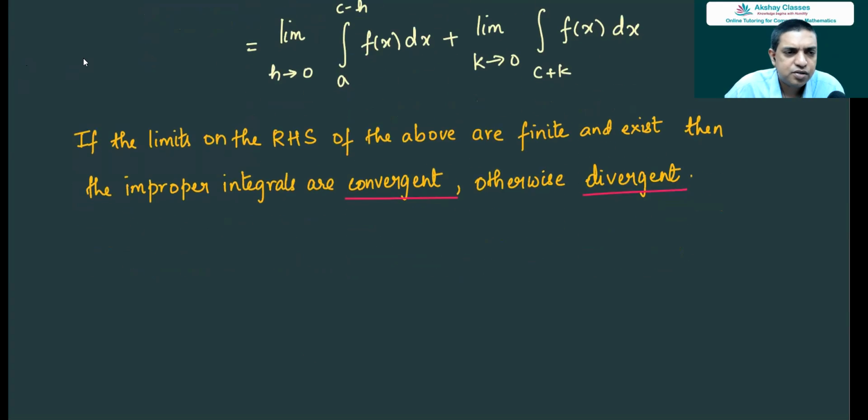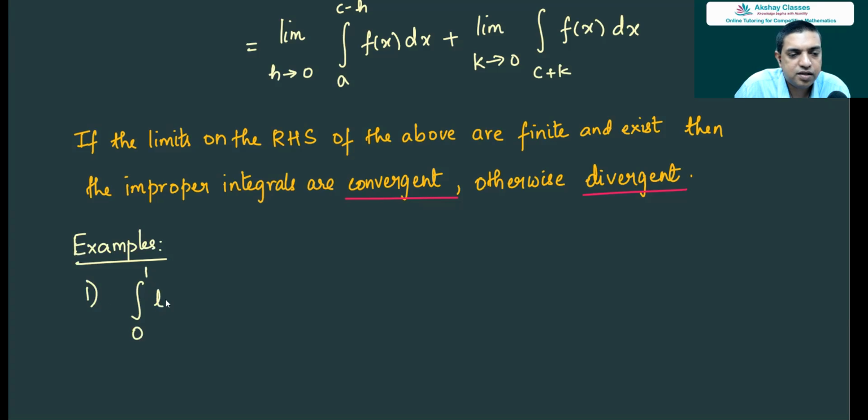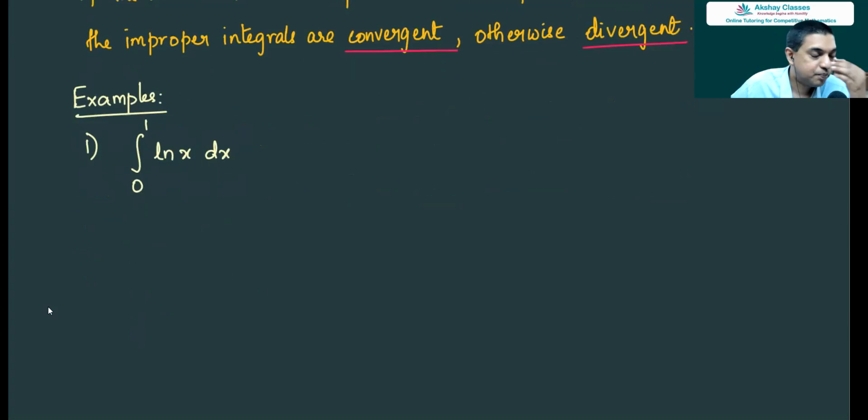The first example of this type, which we have done so many times, we'll do very fast again: integral 0 to 1 log x dx. At x equal to 0, log x is not defined.